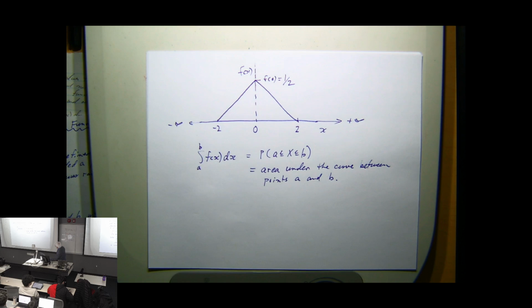Okay, so we can use calculus to find this for fancy shaped curves. We can also use R to get areas under the curve for some challenging but important distributions.